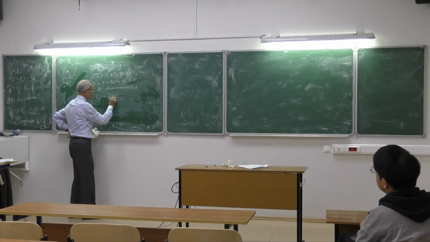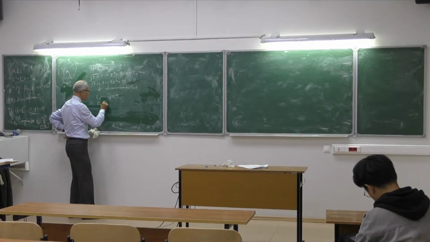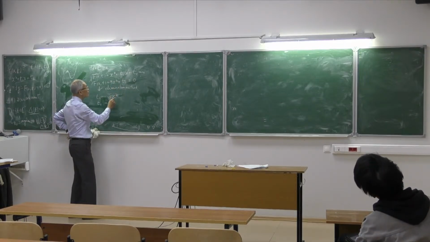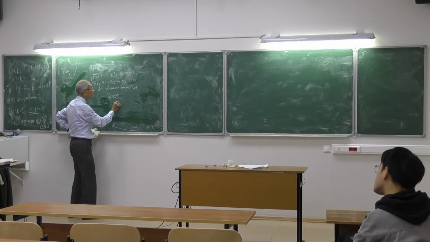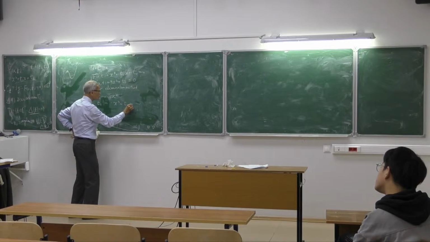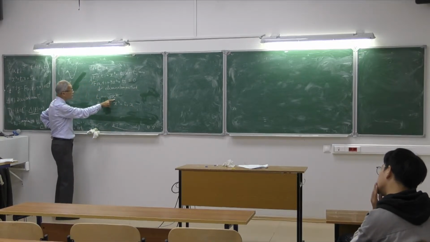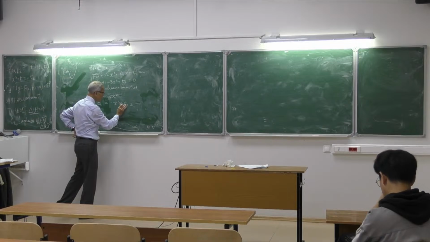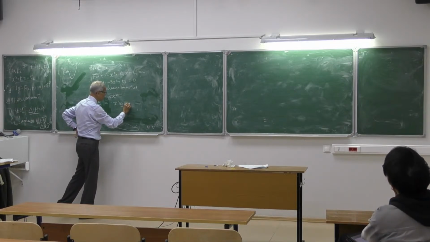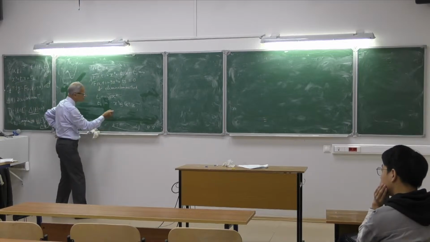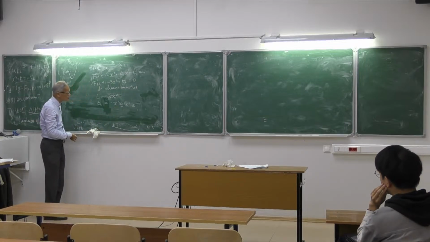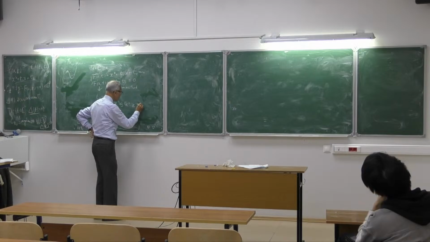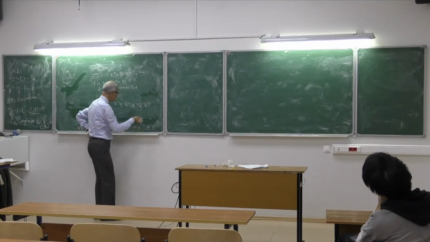We see that t1 must be minus 3 times x squared, and t2 is equal to minus x cubed minus t1 times x. Replacing, t2 is 2 times x cubed.